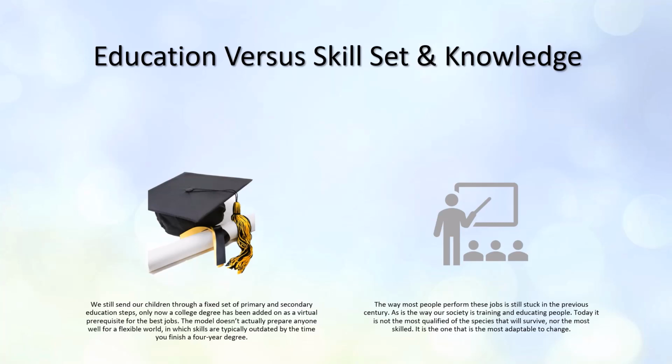The way most people perform these jobs is still stuck in the previous century, as is the way our society is training and educating these people. Today it is not the most qualified of the species that will survive, nor the most skilled. It is the one that is most adaptable to change.